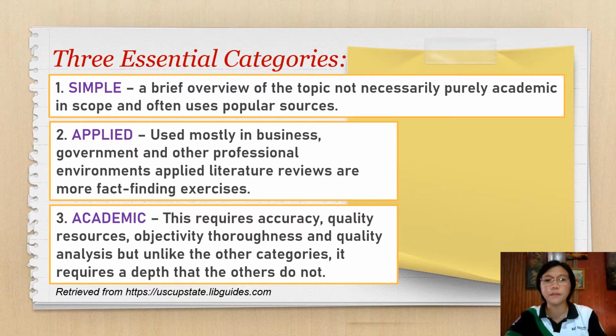Another category is applied, used mostly in business, government, and other professional environments. Applied literature reviews are more fact-finding exercises. And finally, the third category is academic. This requires accuracy, quality resources, objectivity, thoroughness, and quality analysis, but unlike the other categories, it requires a depth that the others do not have.